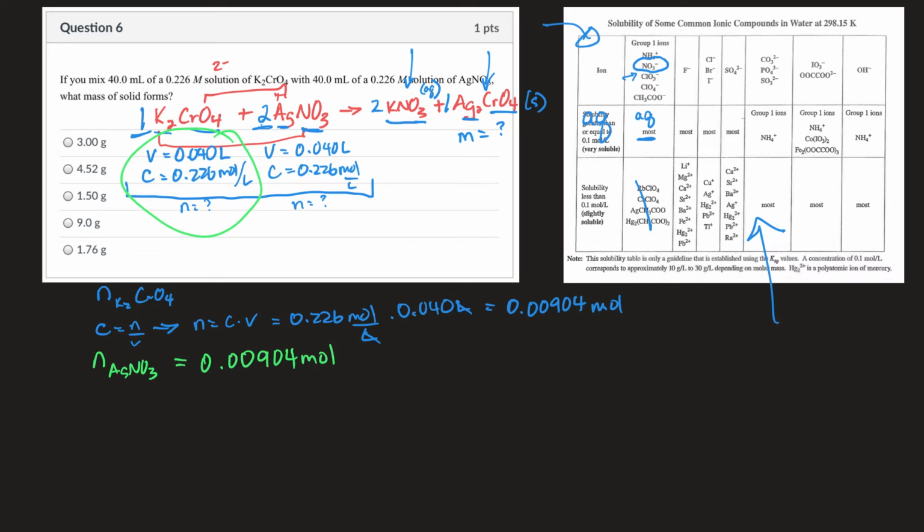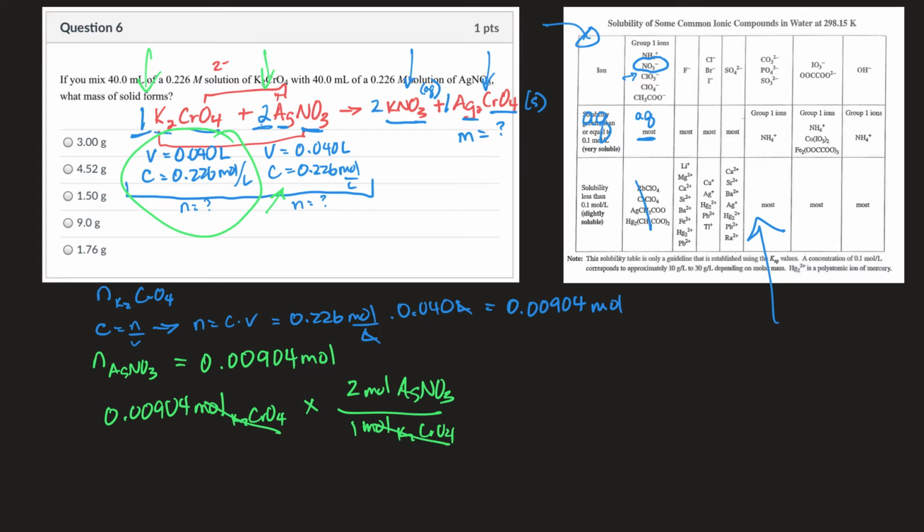So, let's use the mole ratio to see how much of the silver nitrate we need. If I have 0.00904 moles of potassium chromate, then according to the mole ratio up here, 1 mole of K2CrO4 reacts with 2 moles of silver nitrate.